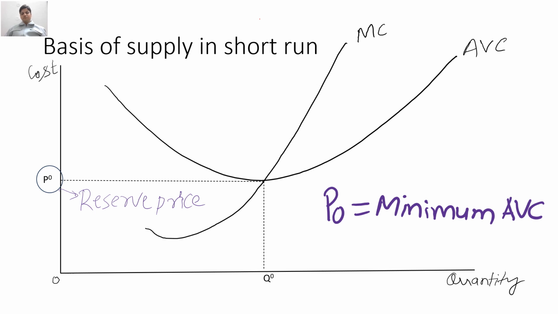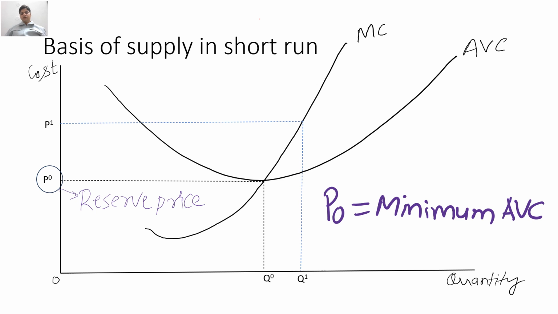So the reservation price or reserve price is the price below which the supplier will not produce anything, and he will not supply any quantity. This is a must that a producer should get in order to have positive supply quantities. Now, as the price increases, the quantity supplied also increases. Quantity produced also increases.